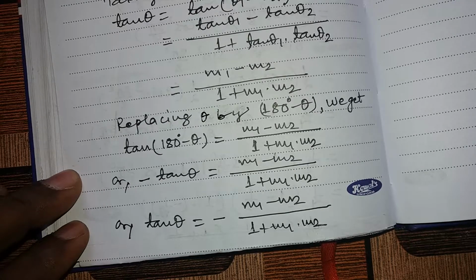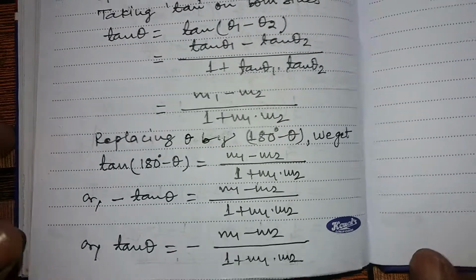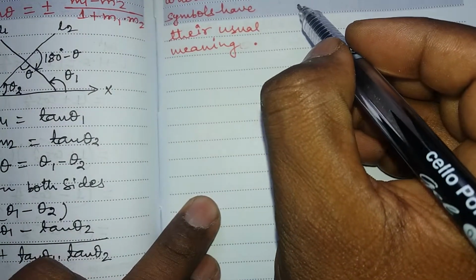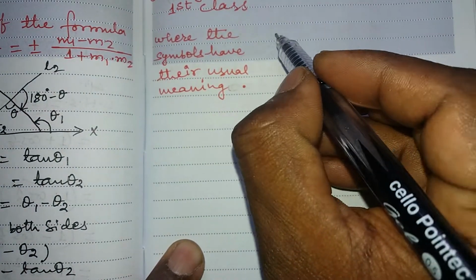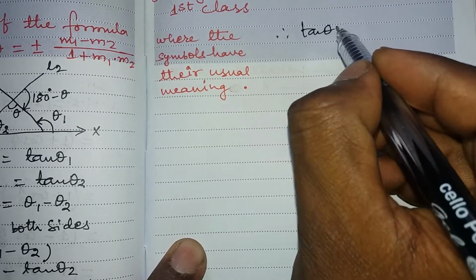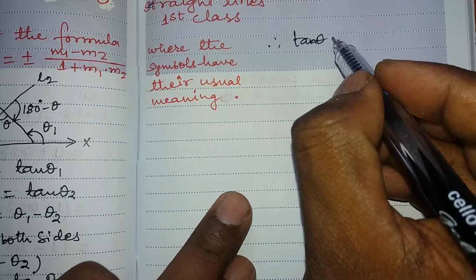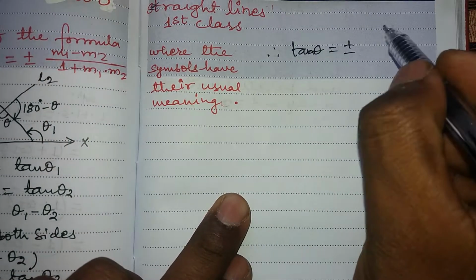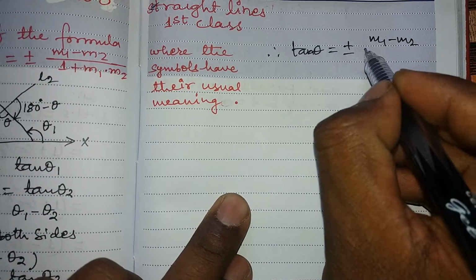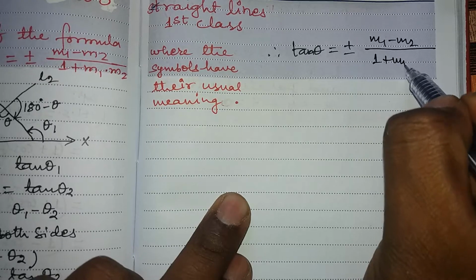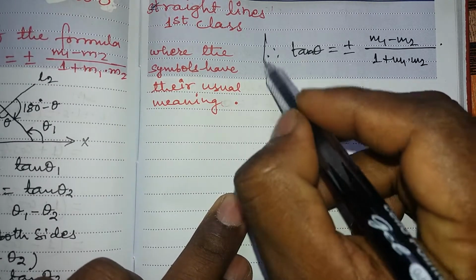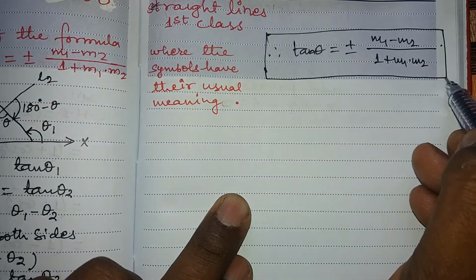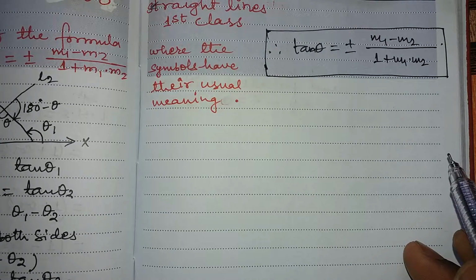So in conclusion, tan theta equals plus or minus (m1 minus m2) divided by (1 plus m1 times m2). This is the derivation of the formula we use to find the angle between two straight lines.